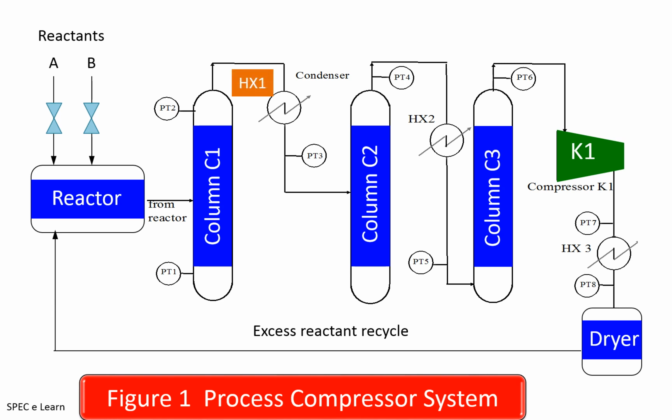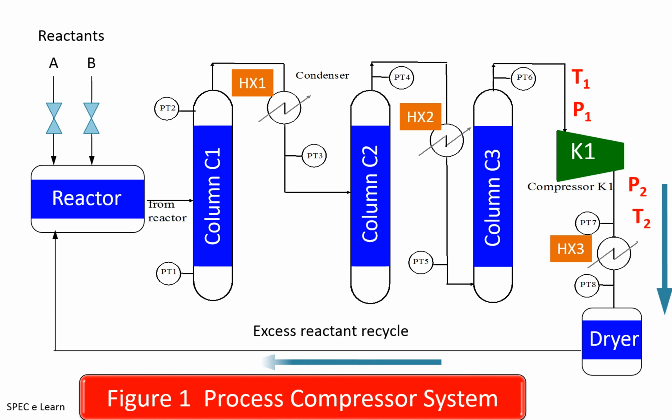As the process gas flows through the equipment, it experiences pressure drop due to resistance. The pressure drop across each equipment is indicated alongside the respective equipment.